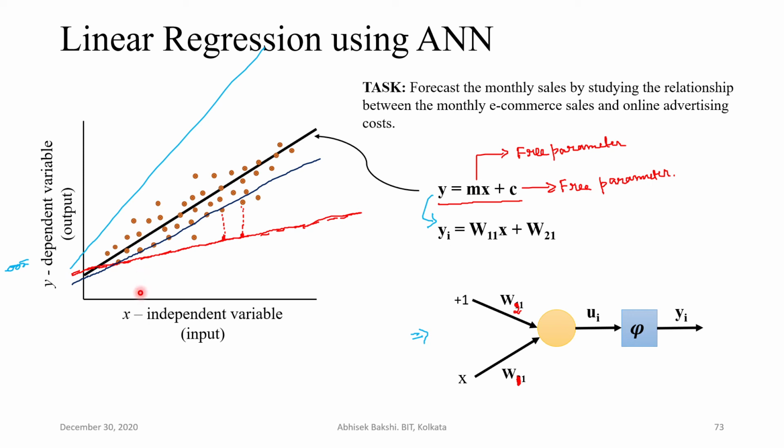And for that particular x, when the learning has not yet started, we have an arbitrary value in our W21 and W11, just like the arbitrary values in M and C. With these arbitrary values, I will get some y. Now for this particular x, I know what should be the actual y, and that gives the error.